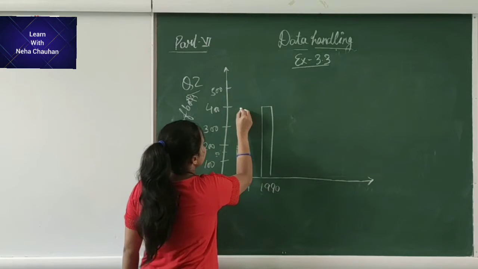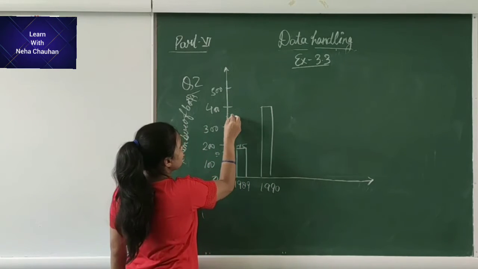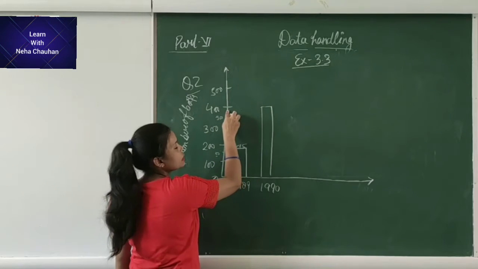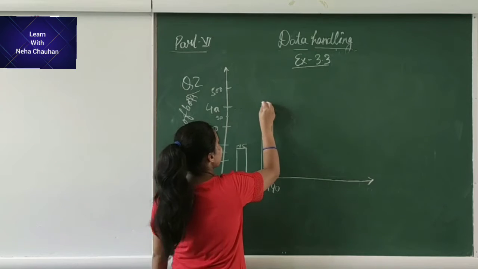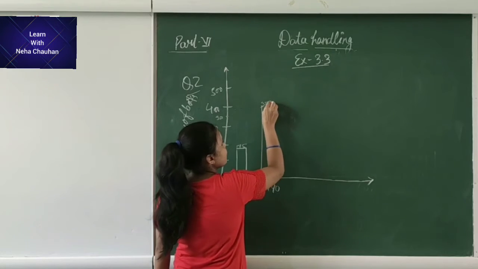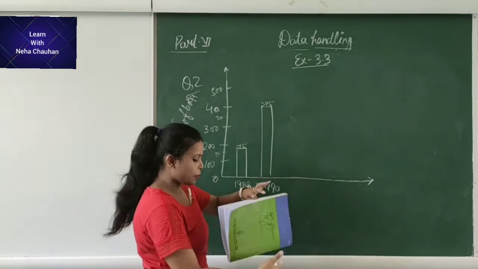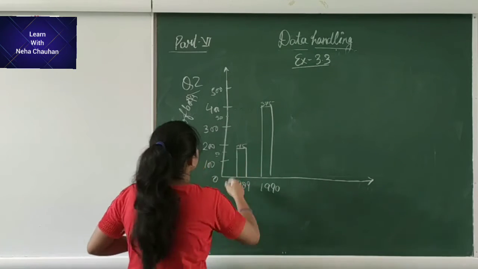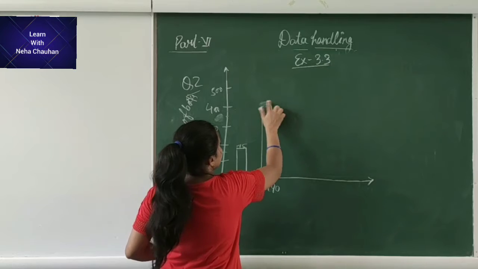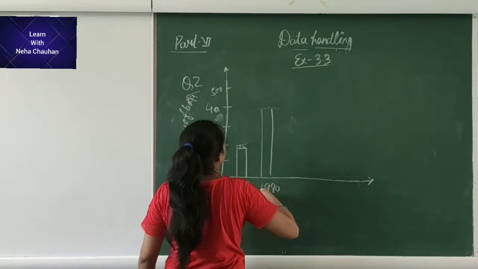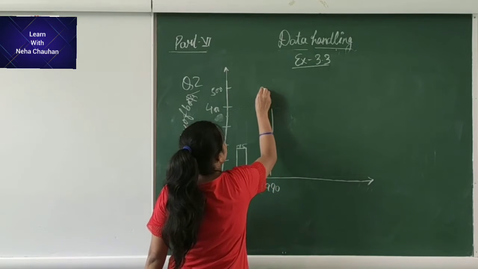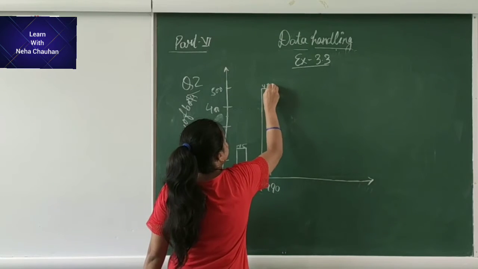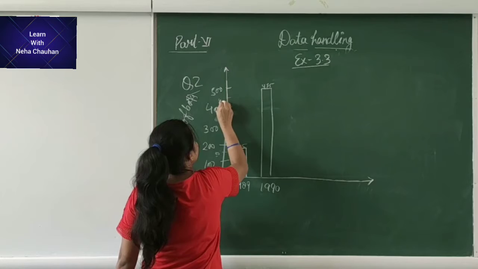This is also above the half. This is 350 and this marking is above 350, so we will take it as 375. Okay. Next, this marking is above 400 and we will take it as 475, right? This will be 450.